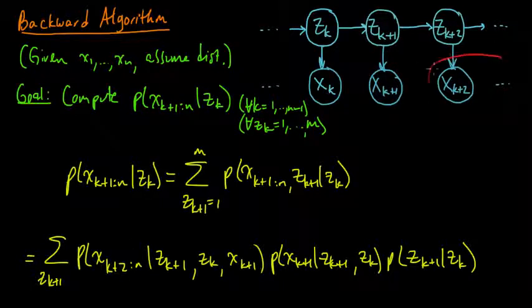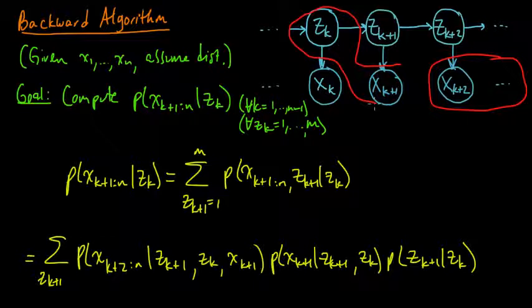We want to say that this is conditionally independent of these zk and xk plus 1 given this guy. So we condition on that guy, and so d-separation: this is a tail here, so there's a stop sign here and a stop sign here.